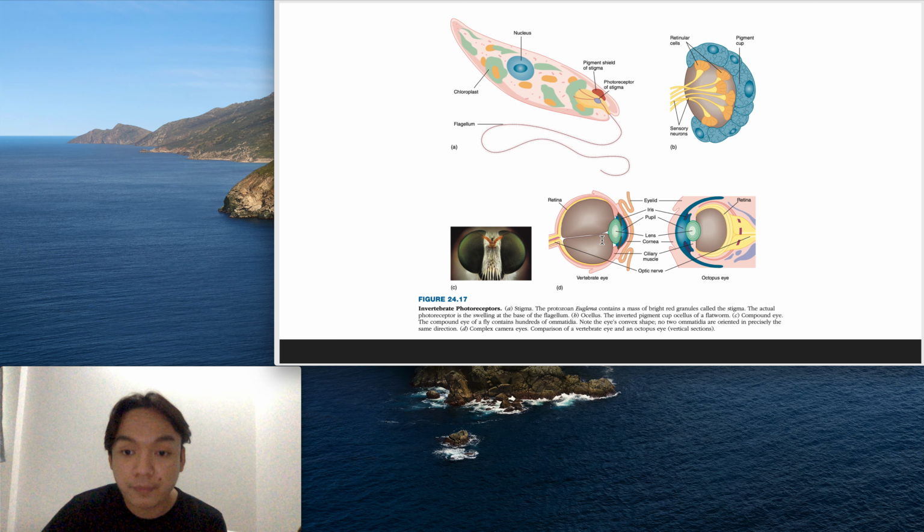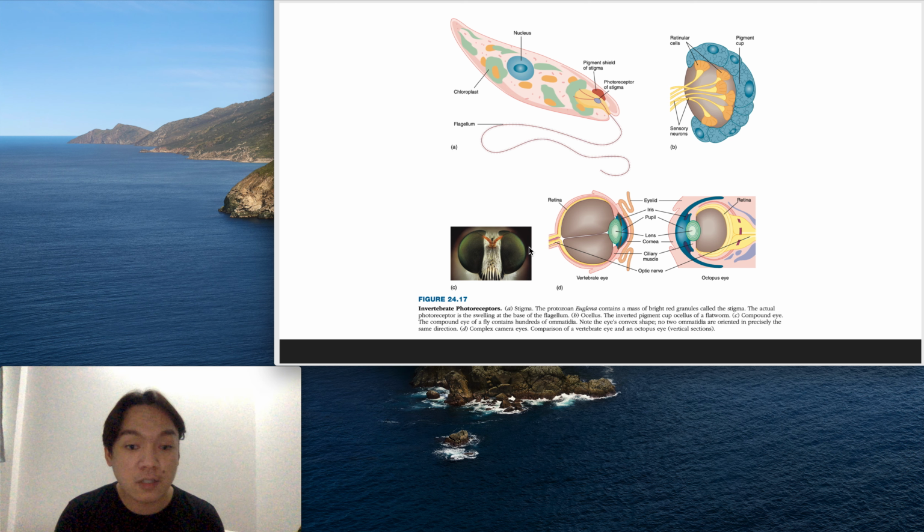The first one is the stigma of a Euglena. It has a mass of red granules found in its body, located at a swelling in the flagellum. Letter B is an ocellus, an inverted pigment cup of a flatworm. Letter C is the compound eye of a fly, which contains hundreds of ommatidia.